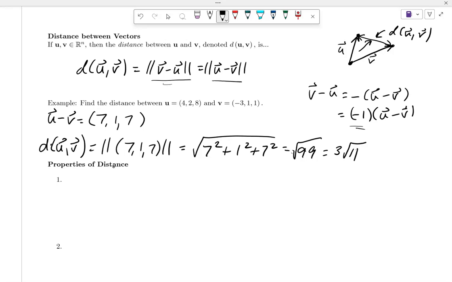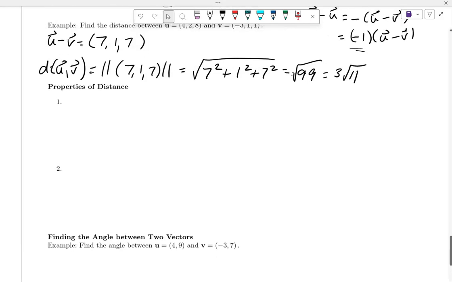All right. So what are some properties of distance that pop up? Well, these properties of distance follow from the dot product axioms that we have. The first one, we've already seen it.